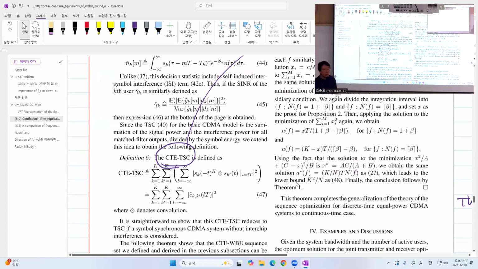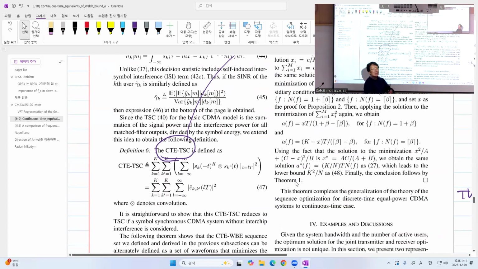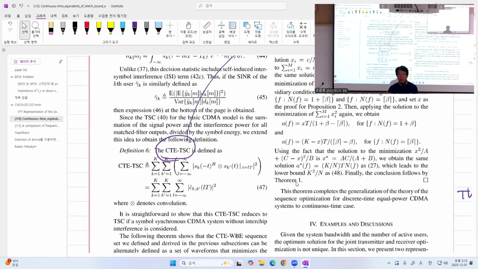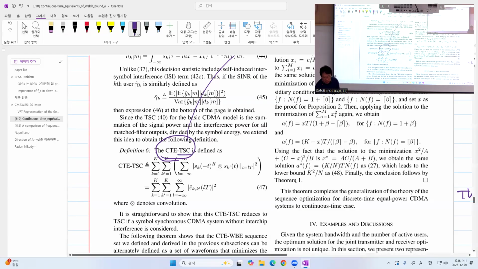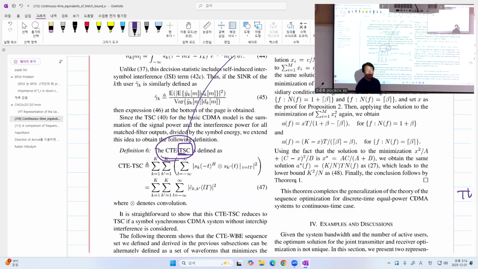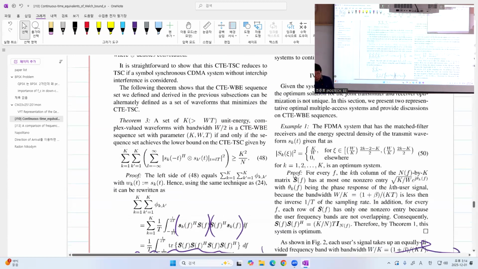So even though we considered linear MMSE receiver, the sequence design researchers already have shown that Welch-bound equality sequences have very interesting property. That is, the sequences, the vectors overall, altogether minimize total squared correlation. And what is the total squared correlation for the vectors?